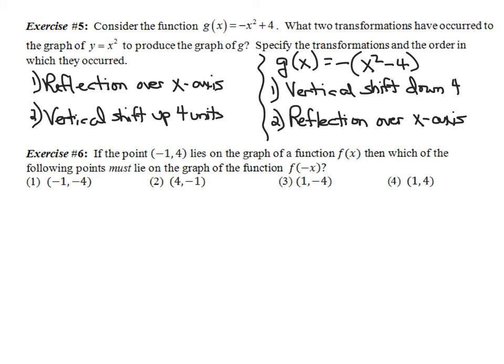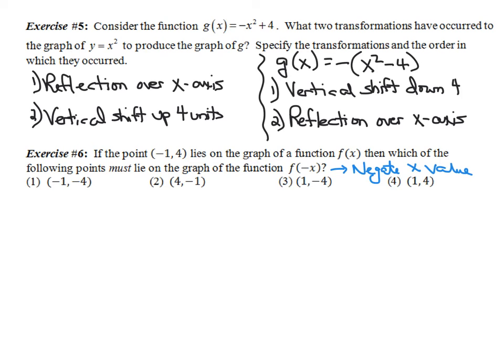In exercise number 6, we are told that the point negative 1, 4 lies on the graph of the function f of x. So the question is, what is also on the graph of f of negative x? Well, f of negative x is, of course, our reflection over the y-axis. So we are going to negate the x-coordinate, or the x value.